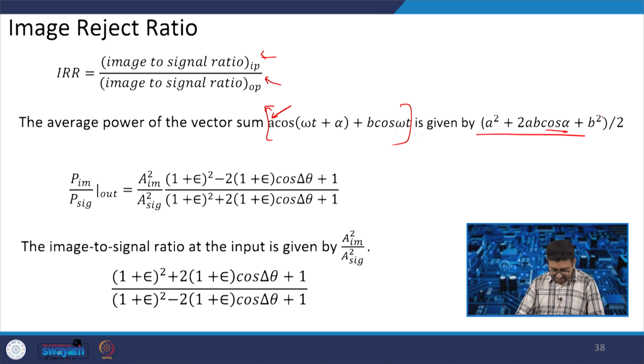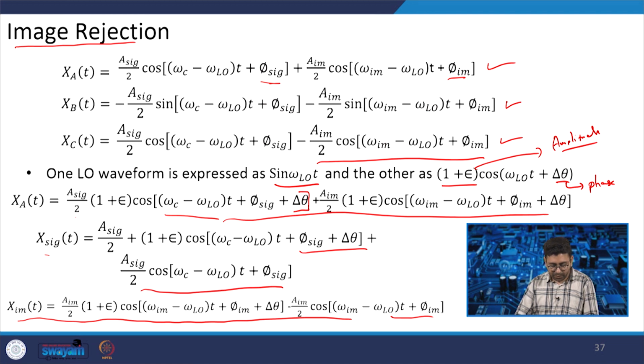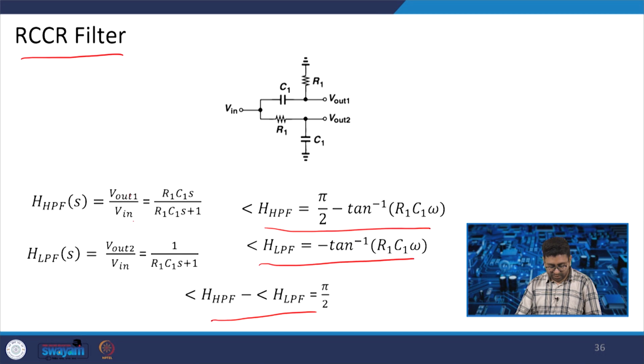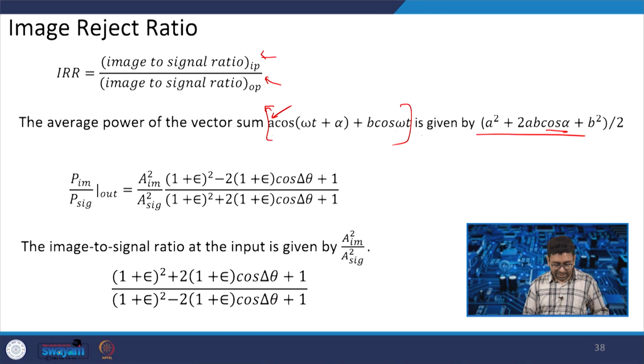So, in the previous equation, if we add these two, we will get P_im, the image power, divided by P_signal, equal to A_im square times (1 plus epsilon) square, with delta theta. On the other side B is equal to 1, so this is 2(1 plus epsilon) cos delta theta plus 1. For A_signal it is positive.